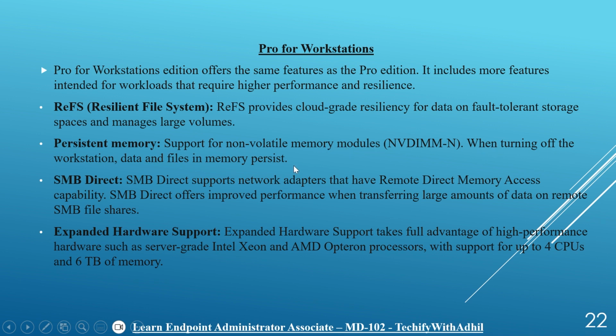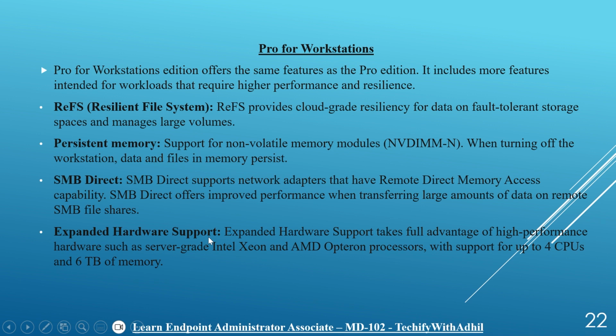When turning off the workstation, data and files in memory persist. SMB Direct supports network adapters that have remote direct memory access capability. SMB Direct offers improved performance when transferring large amounts of data on remote SMB files.